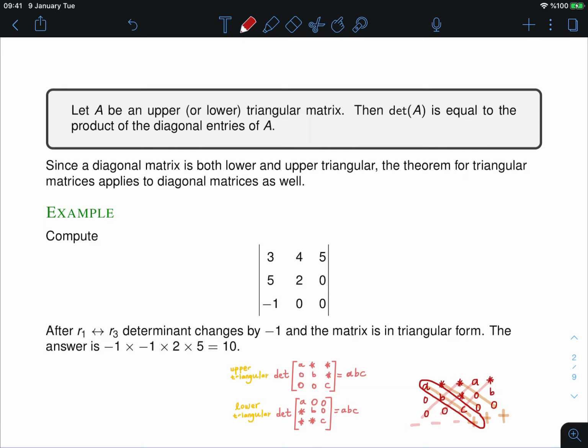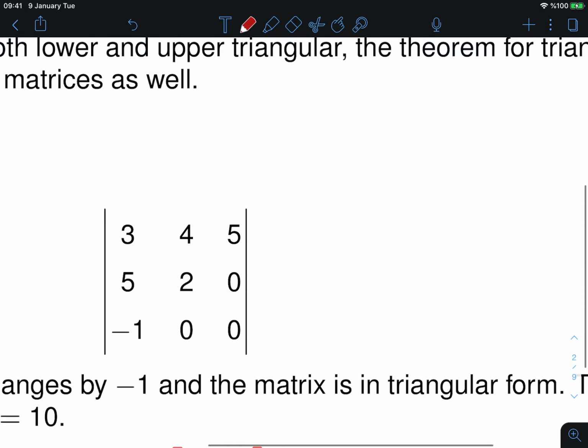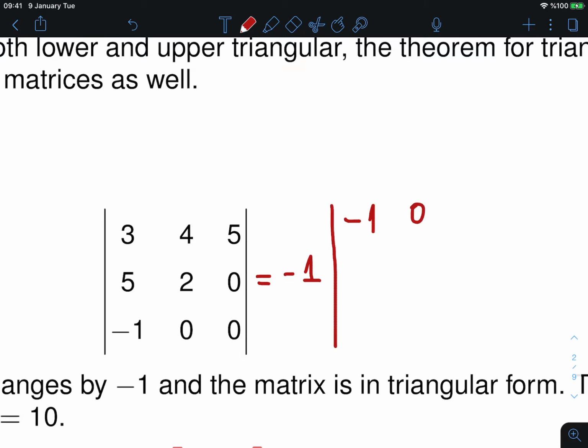And if you remember from last time, swapping two rows changes the determinant by a factor of -1. So we can write this as -1 times the determinant of the matrix where I'm swapping row 1 and row 3: 0, 0, 5, 2, 0, and 3, 4, 5.